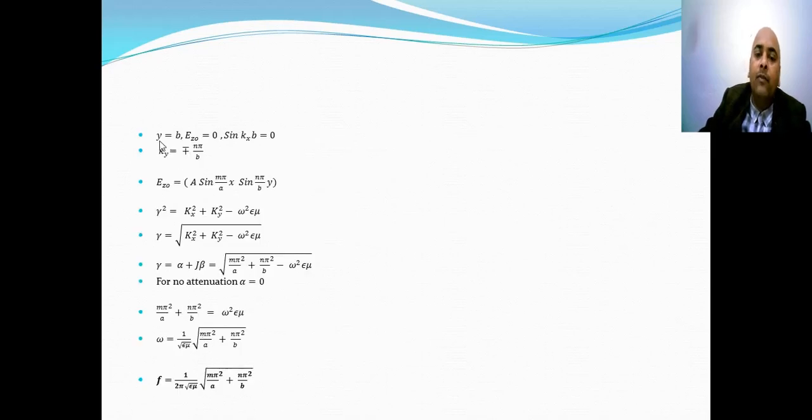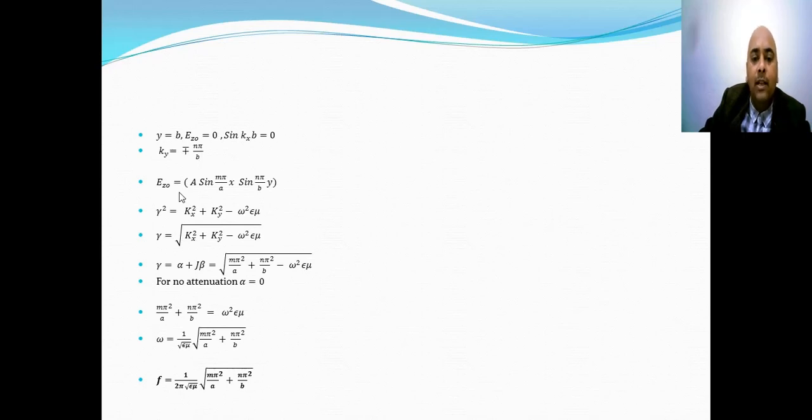Similarly, from the condition at y is equal to b, Ez0 is equal to 0, or sine of ky into b is equal to 0. So we obtain the value of constant ky to be equal to plus minus n pi by b.